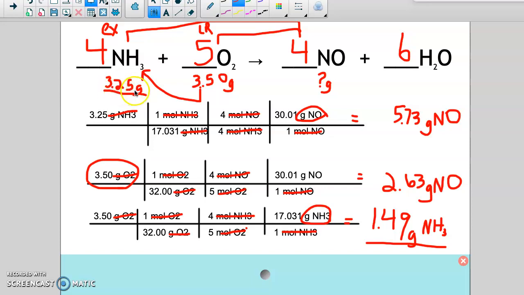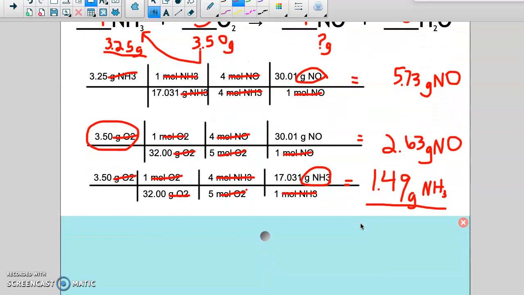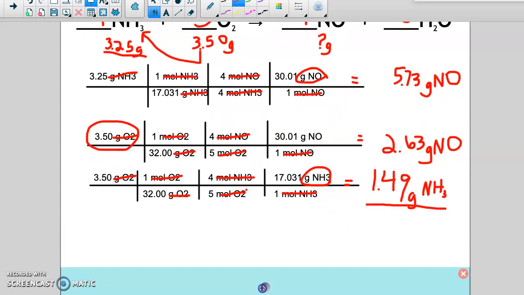So if we have 3.25 and we only need 1.49, it should make sense that if we subtract those two, 3.25 grams, that's how much of our excess reactant we have. That's how much we have.